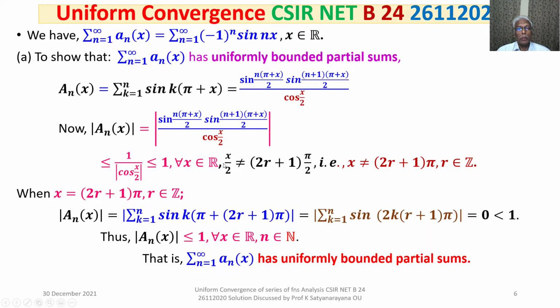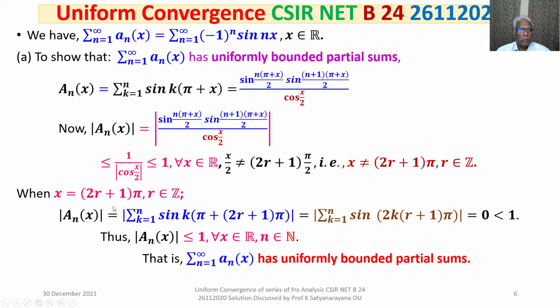That means except at those values x/2 not equal to (2r+1)π/2. At these values of x/2, cos(x/2) becomes 0, and these are the odd multiples of π/2. That is, x not equal to (2r+1)π where r belongs to Z. Except these values, |A_n(x)| is less than or equal to 1.